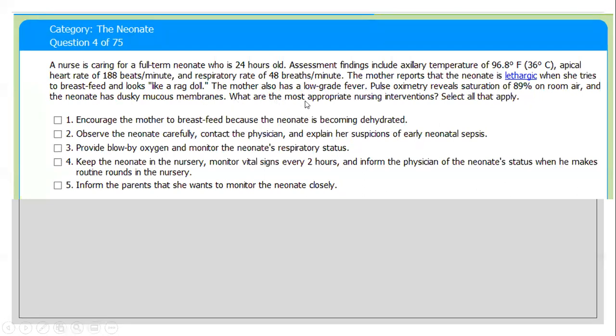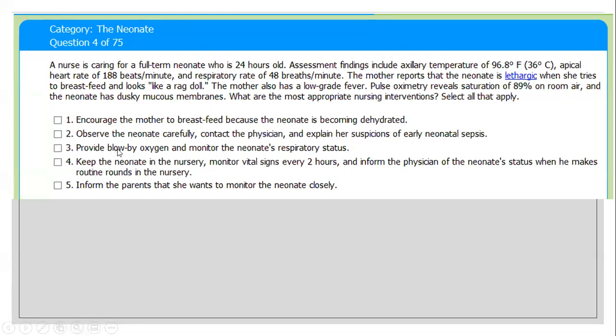So what are the most appropriate nursing interventions? Select all that apply. Number one, encourage the mother to breastfeed because the neonate is becoming dehydrated. Number two, observe the neonate carefully, contact the physician, and explain her suspicion of early neonatal sepsis.